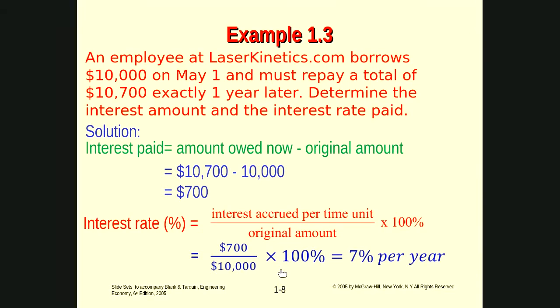Interest rate paid: rate, what does it mean? A rate, not an amount, so you write a percentage next to it rather than a dollar sign. There is a difference between interest amount, an amount, and interest rate, a rate. Distinguish between these words. How do you calculate the interest amount? It is 10,000 and they returned 10,700, so obviously it's 700.